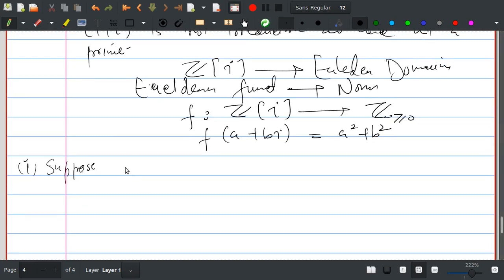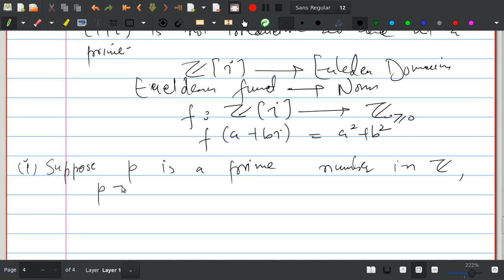Suppose p is a prime number in Z such that p is congruent to 1 mod 4, i.e. p leaves a remainder 1 when we divide it by 4.